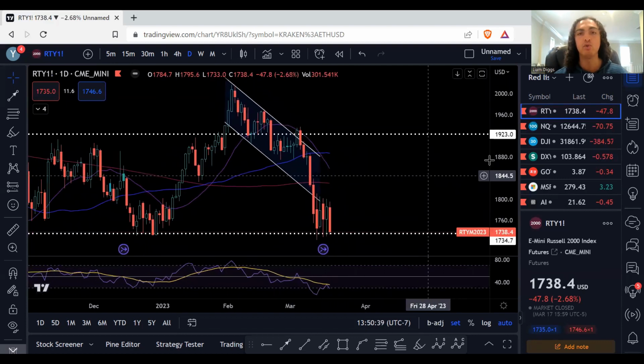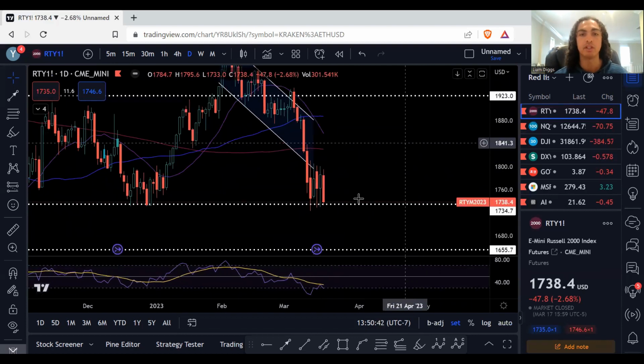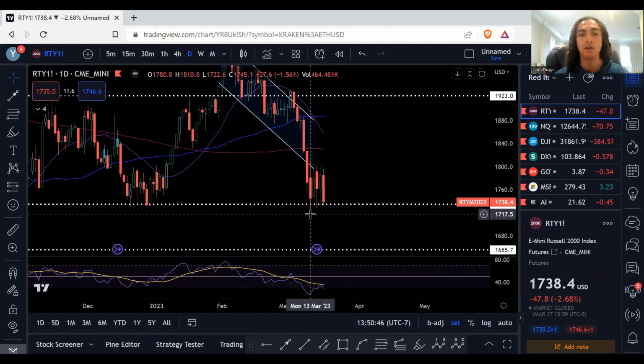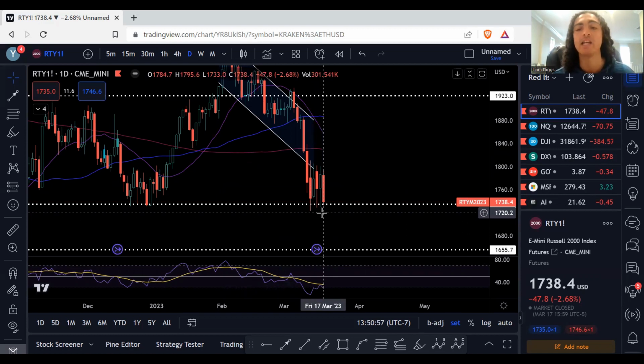One thing to note here as we zoom in just a little bit, if you take a look down here at the RSI, you'll notice that on Monday the 13th, we did put in a low on the RSI, and we are sitting at about that same level on price action, but the RSI is higher. So we do have some bullish divergence on the RSI.